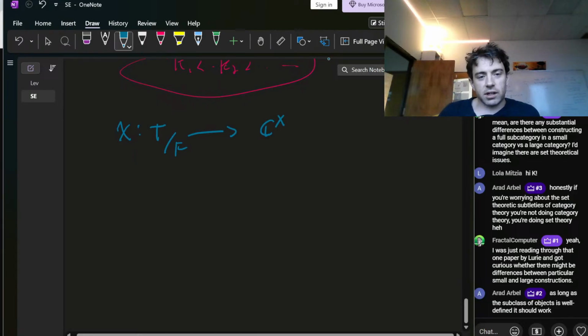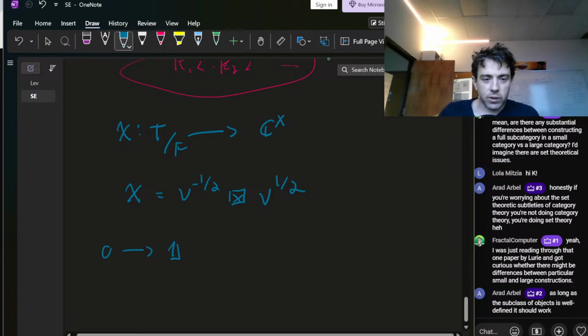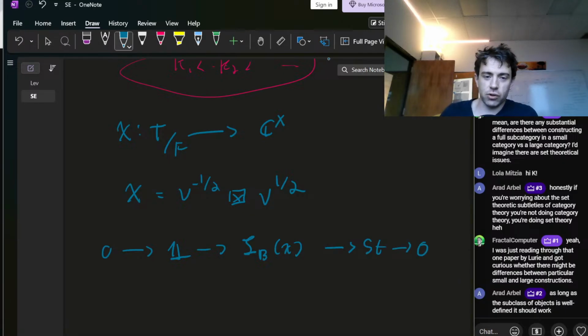In particular, the character I have in mind is this one. When I take normalized parabolic induction of that character, I get an indecomposable representation of length 2.